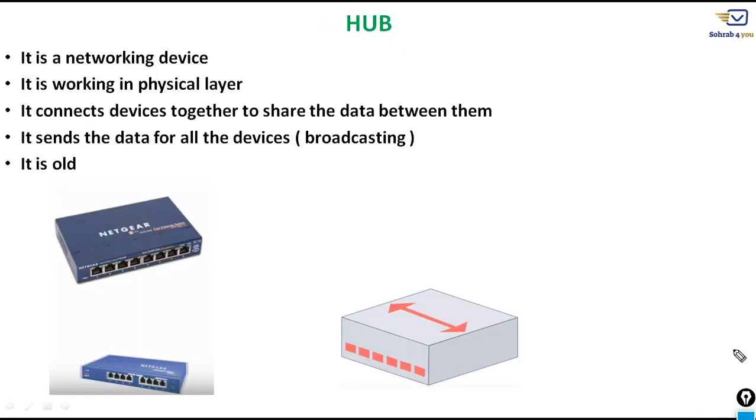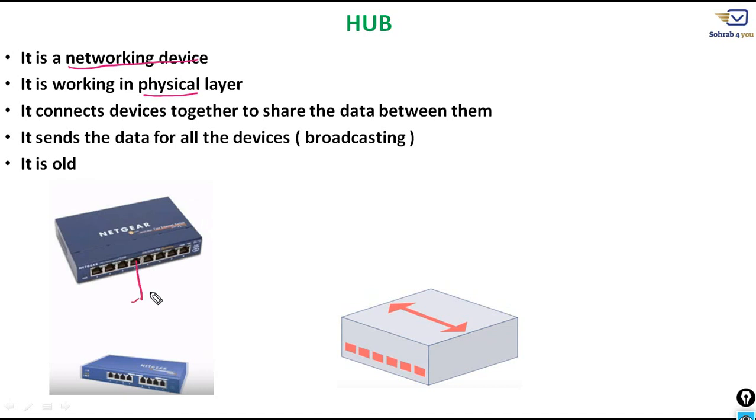The first topic we are going to discuss is the hub. What is a hub? Simple. A hub is a networking device. It operates in the physical layer of the OSI model. It connects devices together to share data between them. So in the hub, we are connecting the devices.